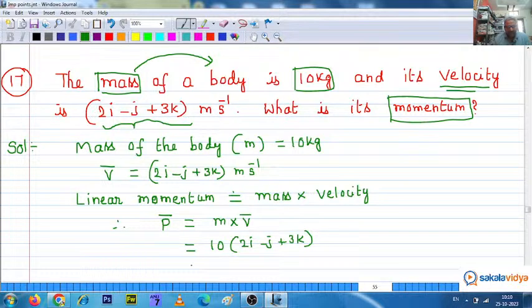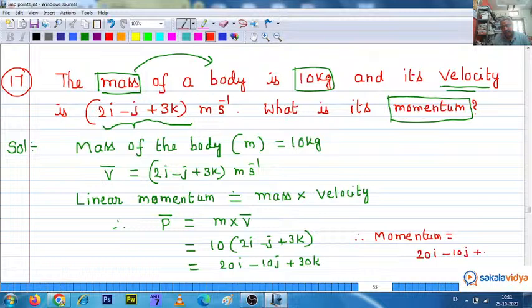So you can use the distributive law: 10 times 2 is 20i, 10 times negative j is minus 10j, plus 10 into 3 is 30k. So therefore momentum is equal to 20i minus 10j plus 30k.